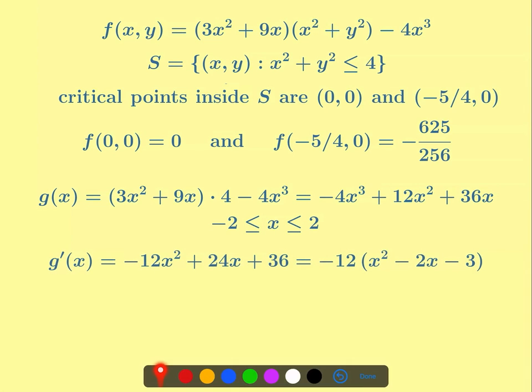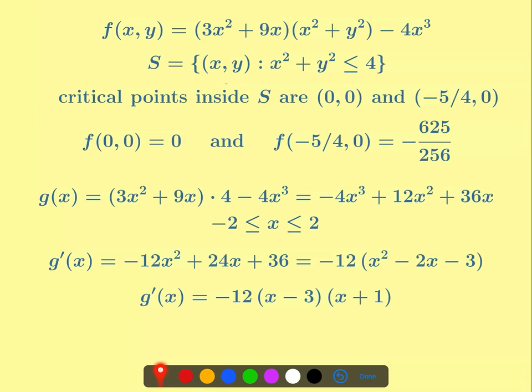So we go ahead and take the derivative of g. This is going to give us minus 12x squared plus 24x plus 36. I factored out the minus 12, and I need to continue factoring. We can see this is x minus 3 times x plus 1. So g prime of x is minus 12 times x minus 3 times x plus 1.